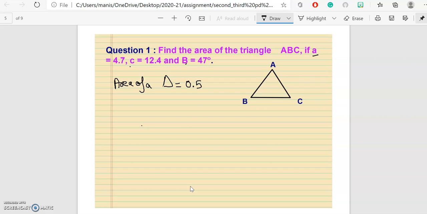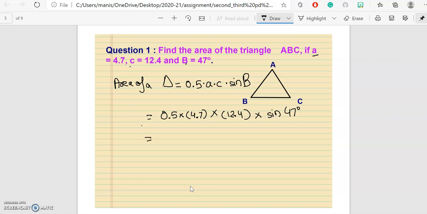They gave you lowercase a and side c, and when a and c are given, the angle is B. Let's substitute the values: 0.5 times a, which is 4.7, times c, which is 12.4, times sine of B. B is 47 degrees.